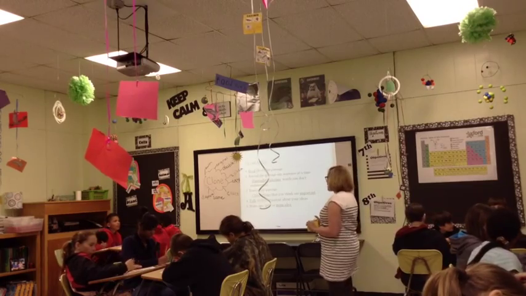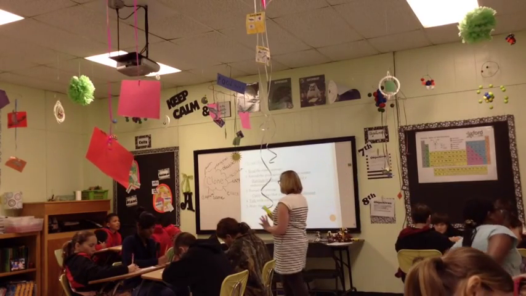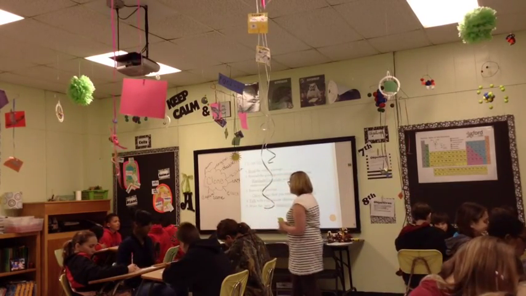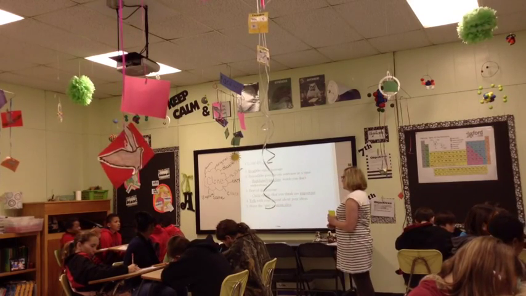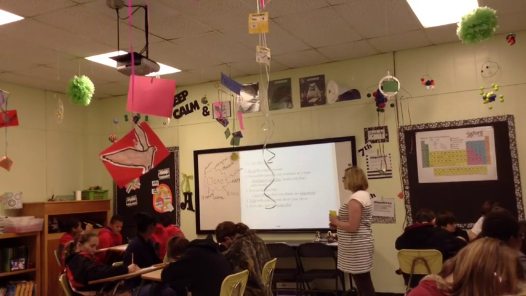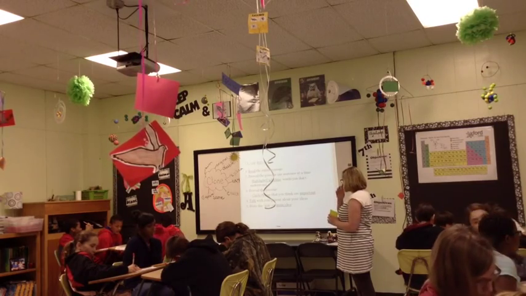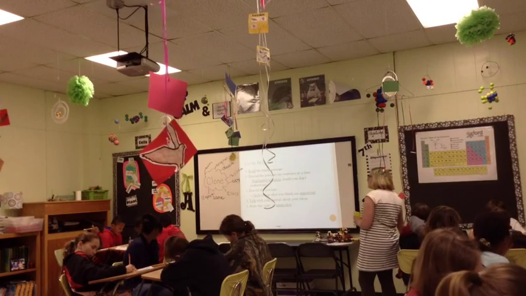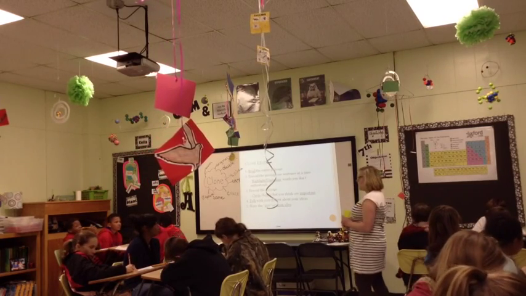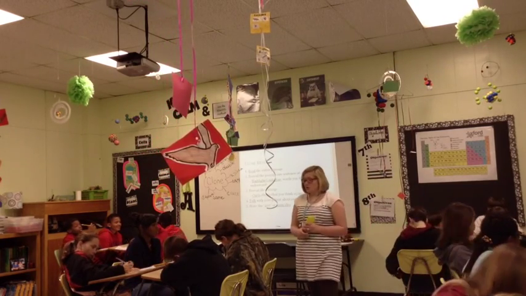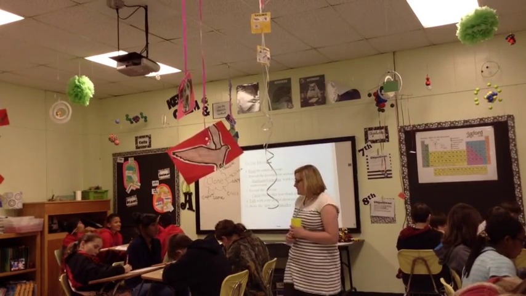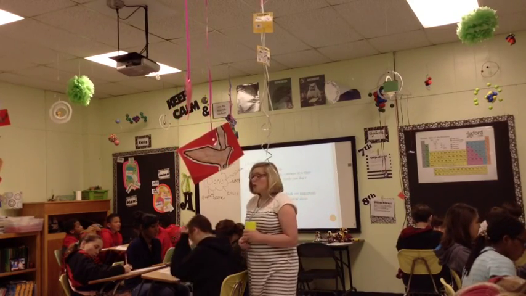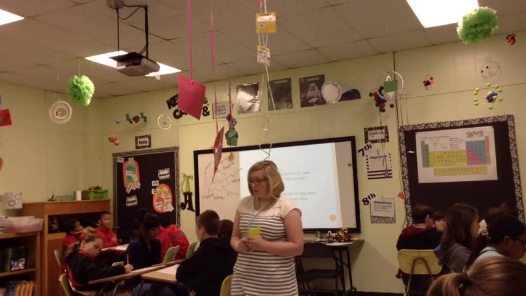Can you please share with the class your main idea that you wrote? Will you read us the sentence that you wrote? The main idea of the story is sheep and reproductive system. Okay, the main idea is that Dolly the sheep was the first successful clone. Very good.